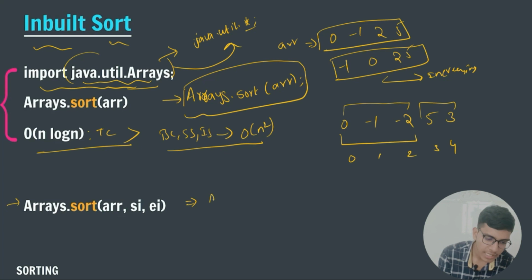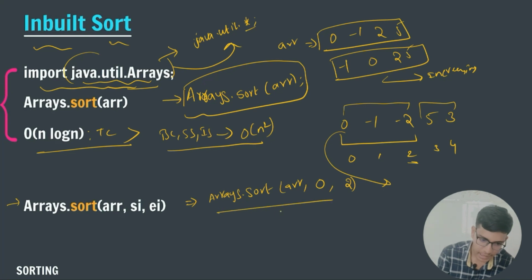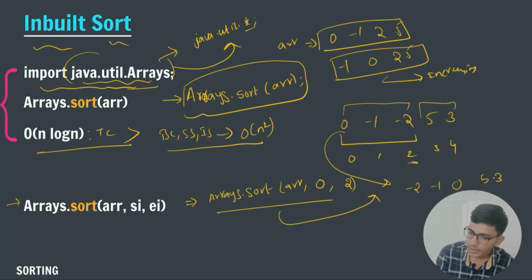I will write Arrays.sort, and let us consider my array name is arr. After that, my starting index, that is 0, and my ending index, that is 2. This line will give me the output -2, -1, 0, 5, 3.